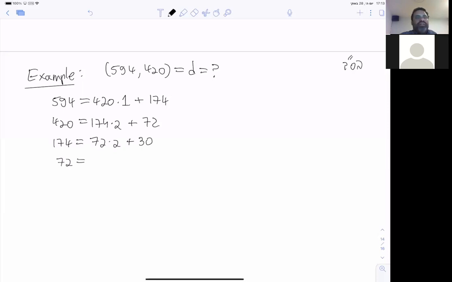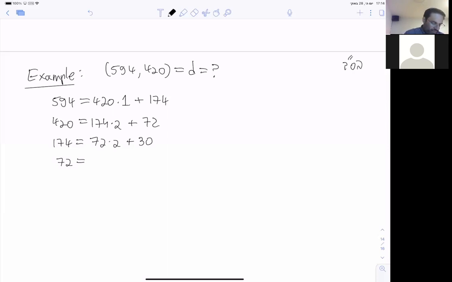I want to tell you that this algorithm is not something only theoretical. This is what we do in cryptography. It is a very strong algorithm. When I say strong, I mean that the complexity is not too horrible.